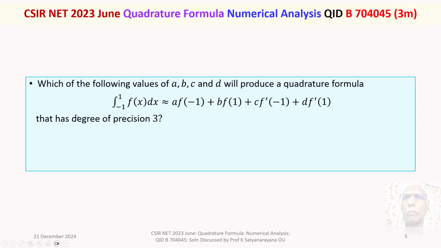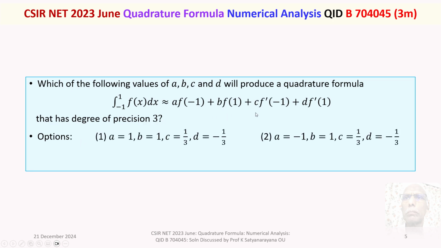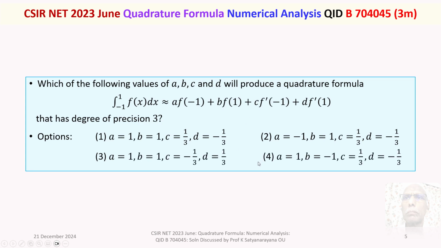So we have to find the values of a, b, c, d that produce this quadrature formula with degree of precision 3, that is, degree of accuracy 3. We are given 4 options for the values of a, b, c, d.